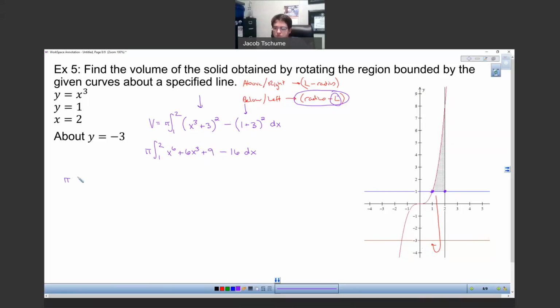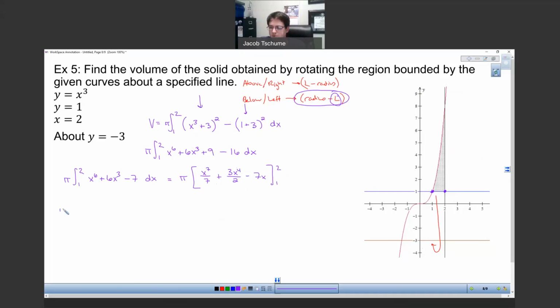Putting those two constants together, we would integrate from 1 to 2 of x to the 6 plus 6x cubed minus 7 dx. And now we can integrate this. This would be pi times x to the 7th over 7 plus 3x to the 4th over 2 when you reduce it, and then minus 7x, which we're going to evaluate from 1 to 2.